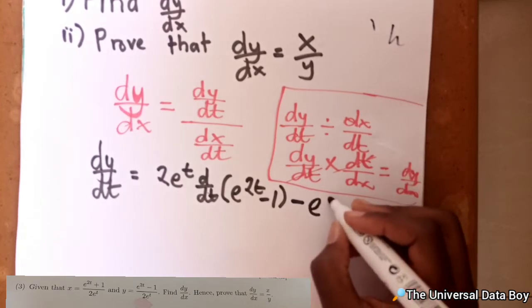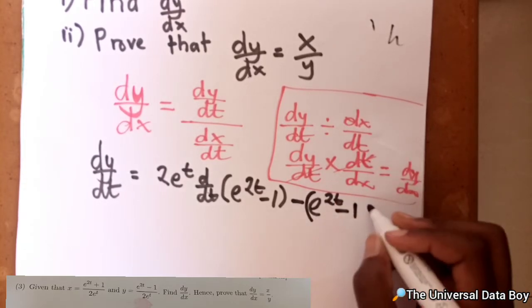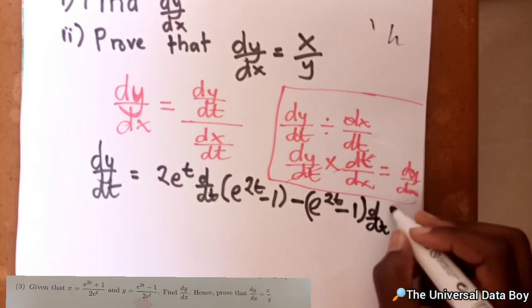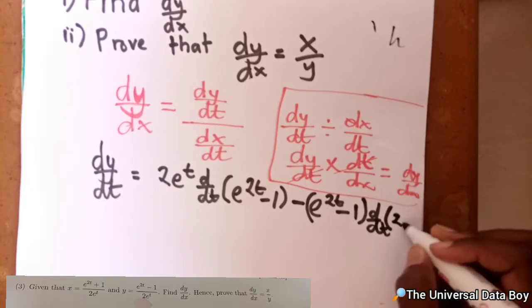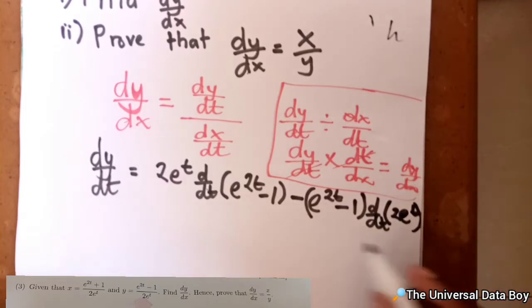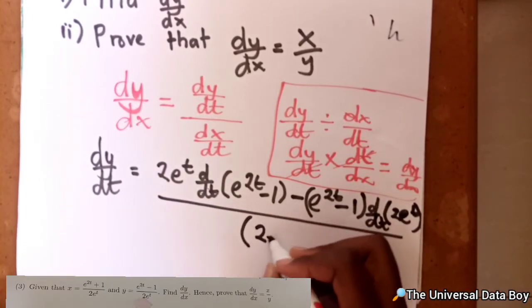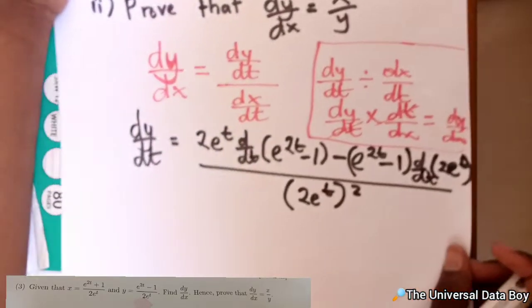So we get 2e to the power 2t minus 1, in brackets. Then we differentiate our denominator, which is 2e to the power t. Then we're going to divide it by the denominator squared. I think you're very, very familiar with the quotient rule.